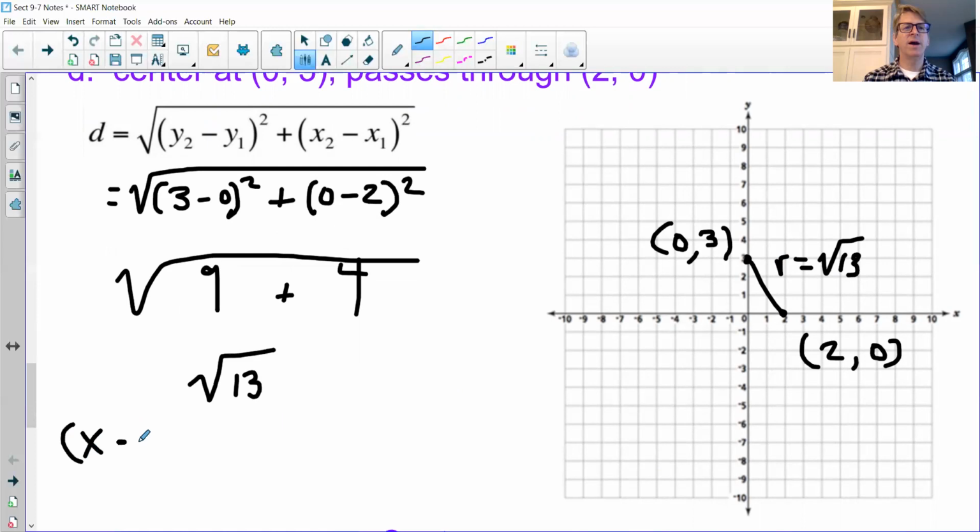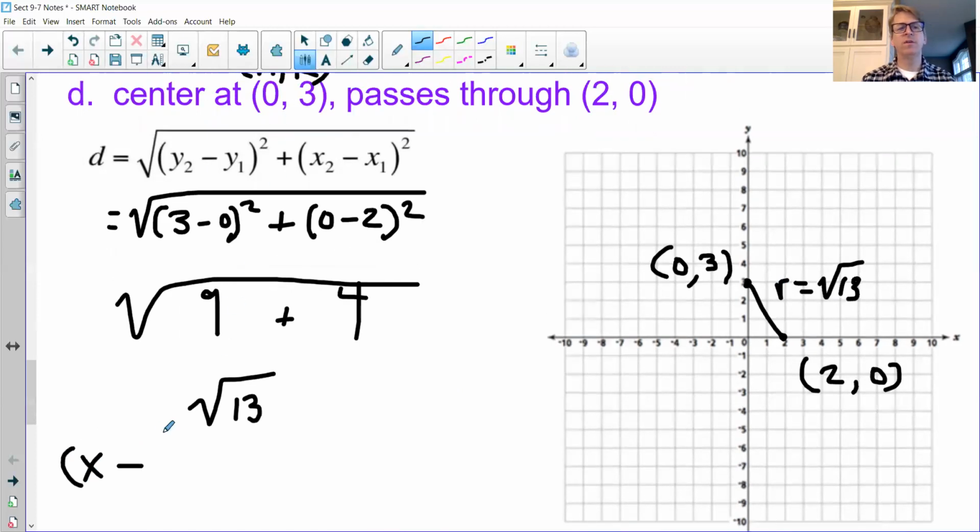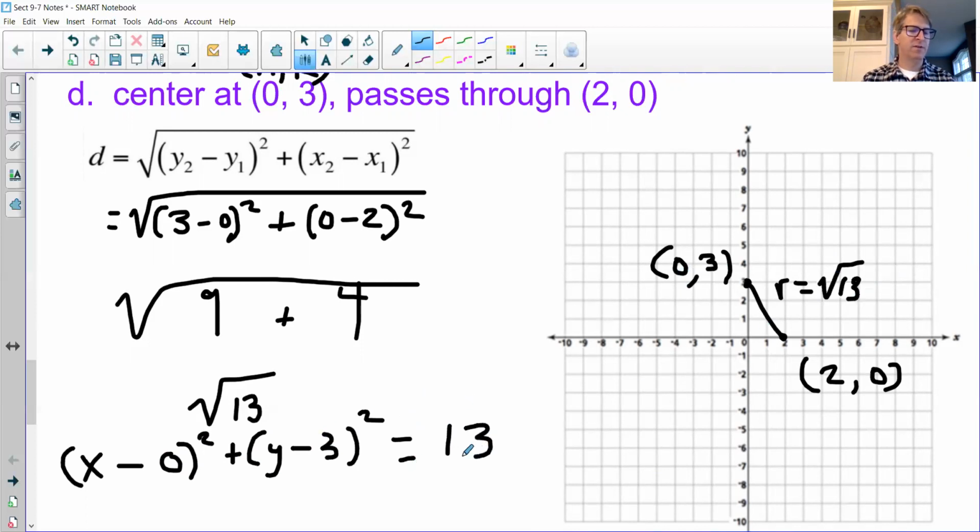X minus the h, which is 0, and that's squared, plus y minus the k, which is 3, squared, and that is equal to the square root of 13 squared, which is a positive 13. So your answer is x squared plus the quantity y minus 3 squared, which is equal to 13.